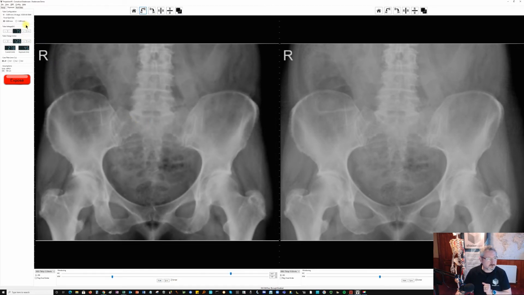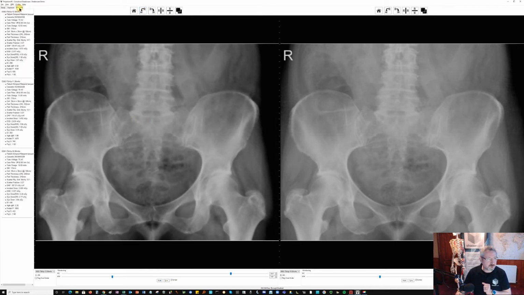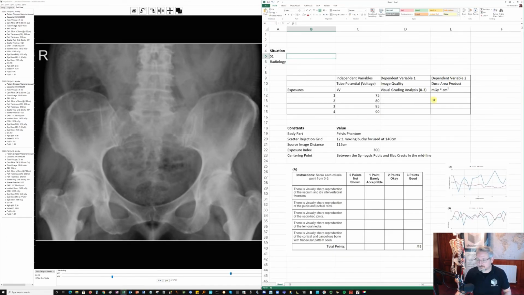So what we're going to do now is take our dose area product reading. The dose area product reading there is 130 centigray centimeter squared. If we go back to our Excel spreadsheet, now they want it in milligray centimeter squared.